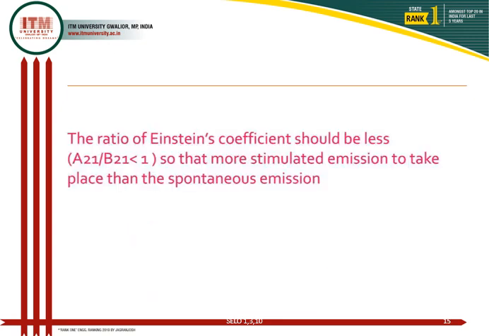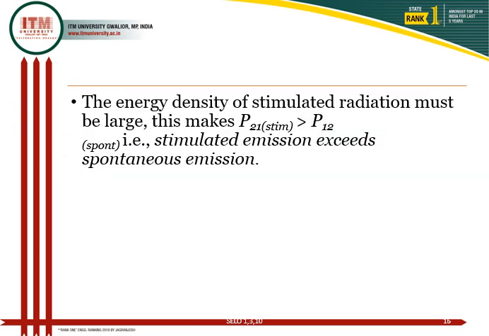We have also discussed the ratio A21 over B21 in the previous slide. A21 represents spontaneous emission and B21 stimulated emission. So the ratio should be less than 1 so that more stimulated emission takes place than spontaneous. This is the condition for lasing action. Whenever we obtain the ratio of stimulated emission probability to spontaneous emission probability, we reach the conclusion that rho must also be very high.